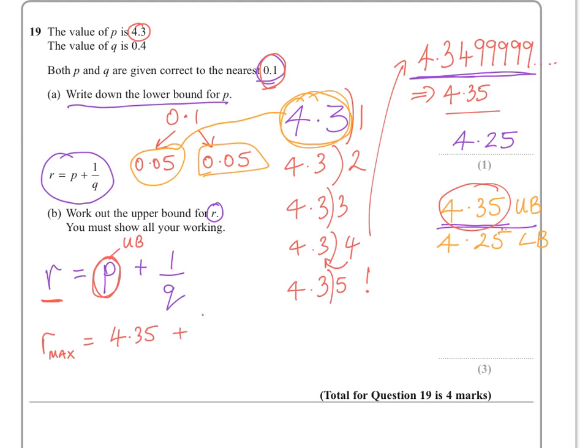So the R maximum that we've got, that we want for the question, is going to be definitely 4.35. Now here's the thing which makes this question the grade that it is, because it's approaching the A star. It's more at the grade A for me, but it's at the higher end of the GCSE, definitely.